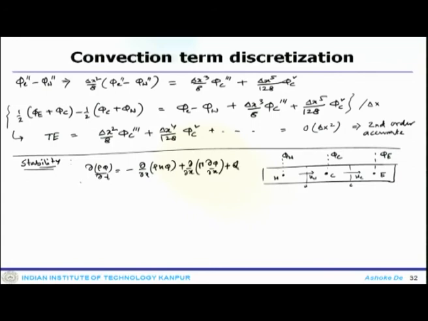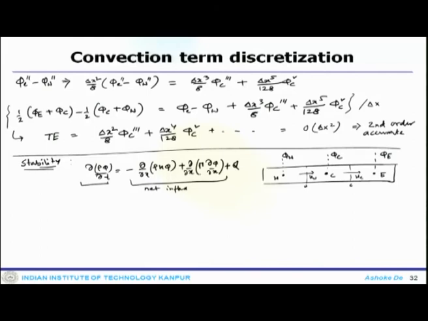Now, this left hand side is the rate of change of phi c and the right hand side shows the net influx across the element surface. So, if the numerical error exists, then the right hand side may increase or decrease depending on the situation.